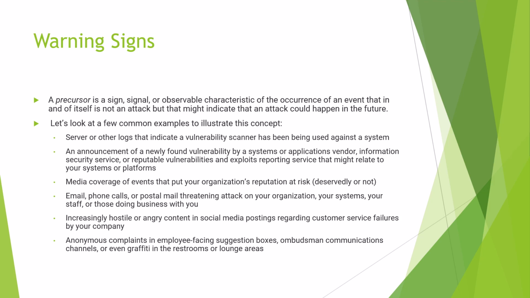An indicator is a sign or signal or observable characteristic of an occurrence. That normally means an occurrence of an event indicating something's happening. A network intrusion system is generating alerts. Antivirus software detects something. A few unmanaged hosts or endpoints attempt to join the network.